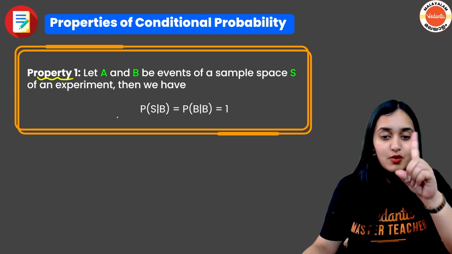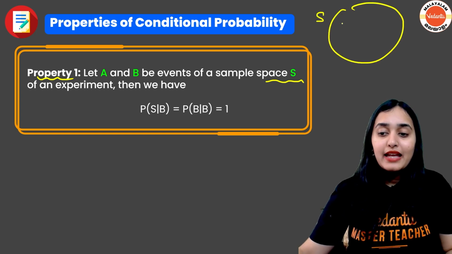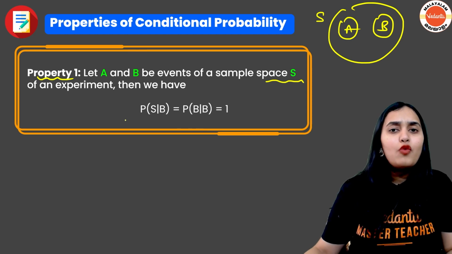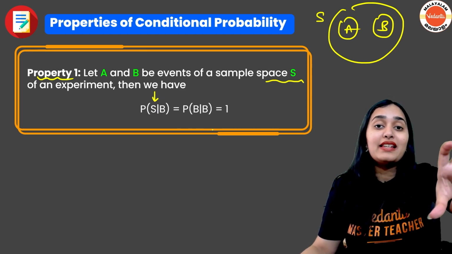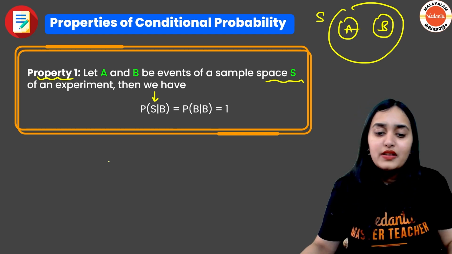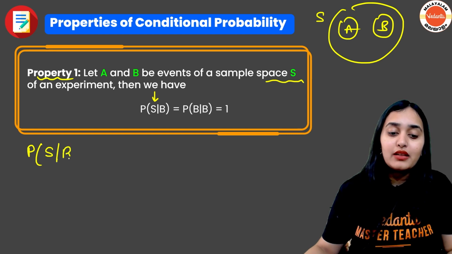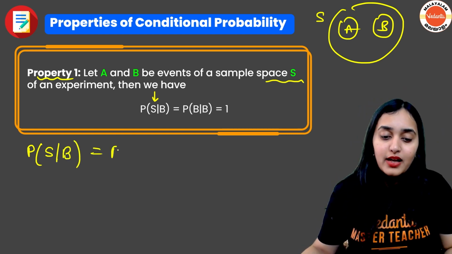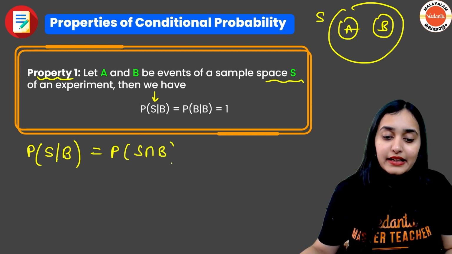Now, there are some properties related to conditional probability. Number 1, if you have a sample space and event A, event B belong to the sample space, what will be the conditional probability of happening of sample space when B has occurred? Super simple. We know that probability of A given B, an event given another event has occurred, has the formula: probability of first event intersection second event divided by probability of second event.